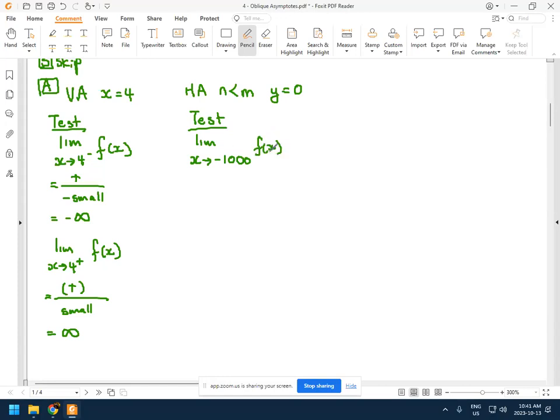If I have that for f of x, it's going to be a positive 3 over a very big negative number, or negative infinity. And so that is going to equal very close to 0.